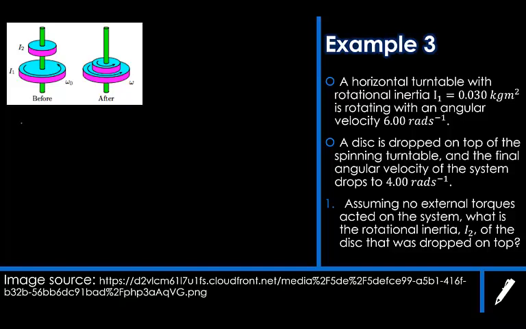So we can find before, L is equal to I1 omega 1, which is equal to 0.03 times 6, which is 0.18 kilogram meters squared per second. Okay, so that's the angular momentum before.